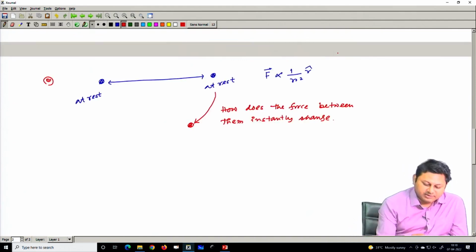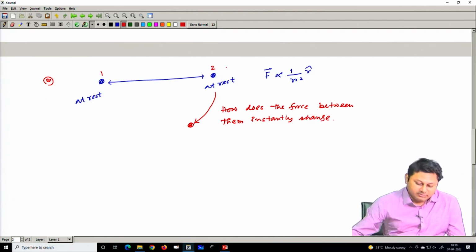So, the meaning is, suppose this charged particle is sitting here, and at a very long distance another particle 2 is sitting. Now, they have the interaction with this force, the inverse square law. So, they know each other, they are interacting with each other with that force. Now, suddenly one particle is moving from this point to this point. So, what happened, how will the force instantly change here, because how will this particle know that particle 2 is changing from this point to this point, because we know that it will take some time for the information to go from this point to this point.